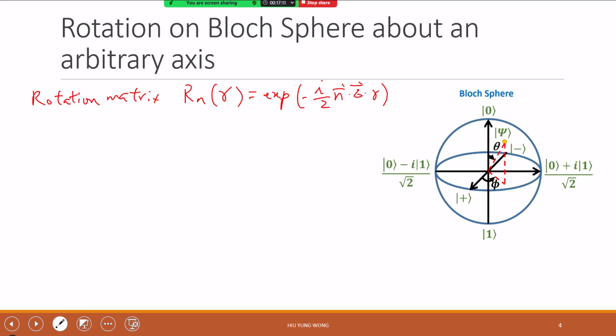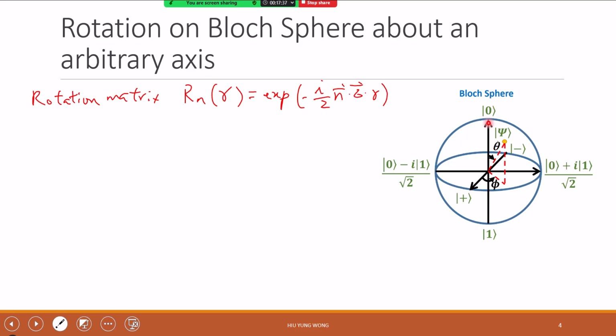And last time we mentioned that any rotation can be decomposed into 3 rotations, right? For example, rotate by an angle about the z-axis, and then rotate by another angle about, let's say, the y-axis, and then rotate about the z-axis again, right? And so that is great. But then what is the general rotation matrix?